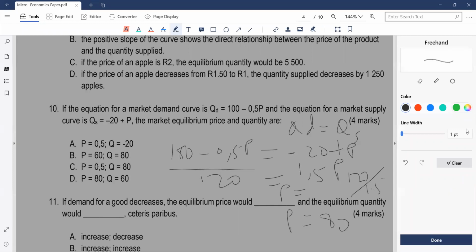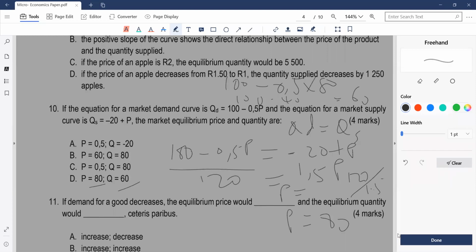If P is equal to 80, you can substitute on this one. Therefore, you say 100 minus 0.5 times 80, which is 40. So it's 100 minus 40, it gives you 60. So when P is equal to 80, then Q is equal to 60.